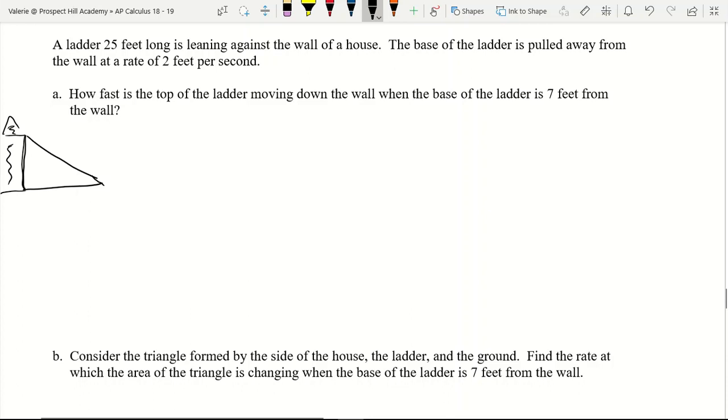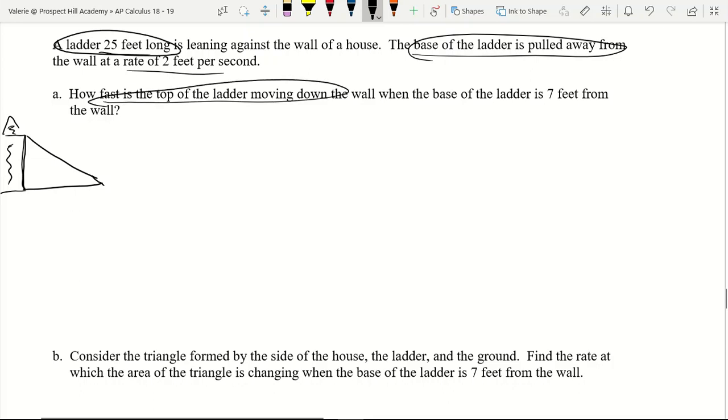So it's looking like a triangle. I know I have a ladder that's 25 feet long leaning against a house. We know the base of the ladder is being pulled away at some rate, and we want to know how fast the top of the ladder is moving down when the base is 7 feet.